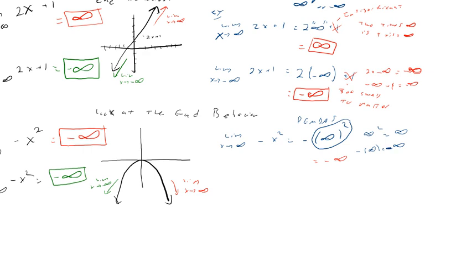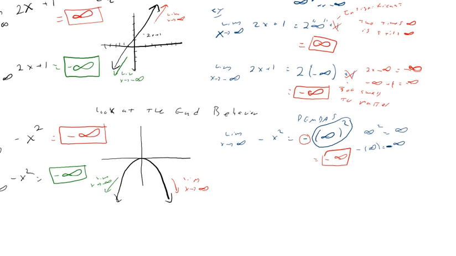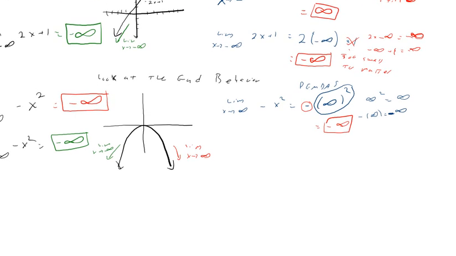It's like you're multiplying by -1. Multiplying by a negative changes the sign, changes the direction of your infinity. And so we're going down towards negative infinity because we had that negative in front. Same thing if we plug in negative infinity: x is approaching negative infinity of negative x squared. We're going to get negative infinity squared.